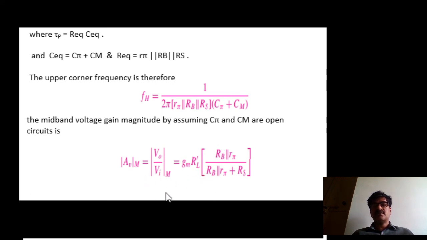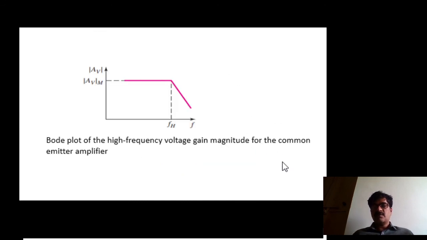So therefore this is the midband gain and this is the corner frequency. Therefore the Bode plot you can draw with reference to this amplifier is like this. This is the midband gain and FH represents the corner frequency.